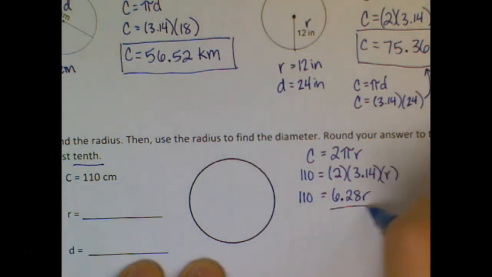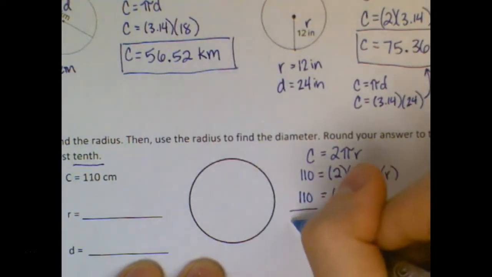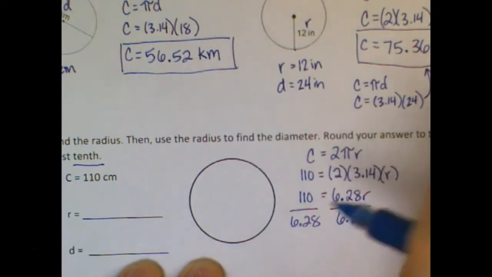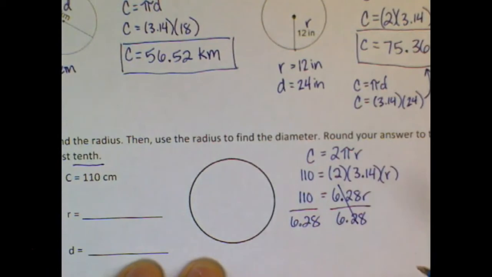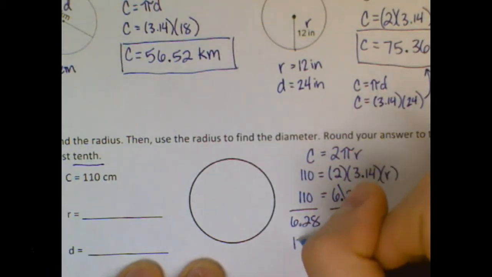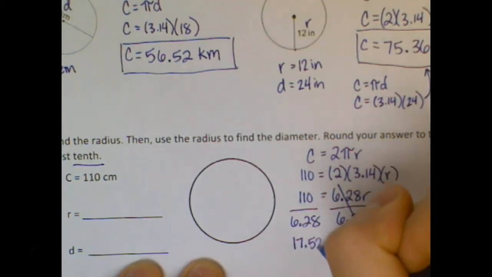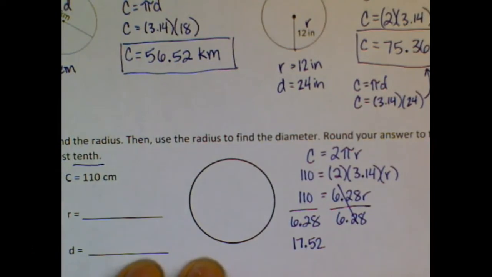To do this, divide by 6.28 on both sides. They cancel out over here, and you get 17.52 on the left side equals r. You may be asking yourself, okay, Mr. Teitsma, is it really 17.5159, blah, blah, blah?